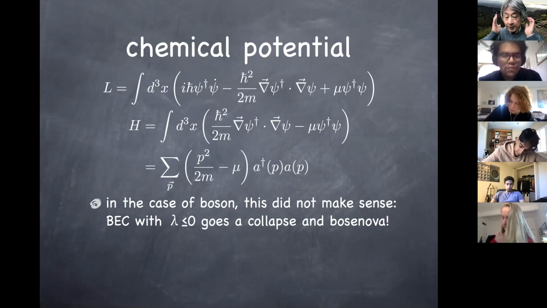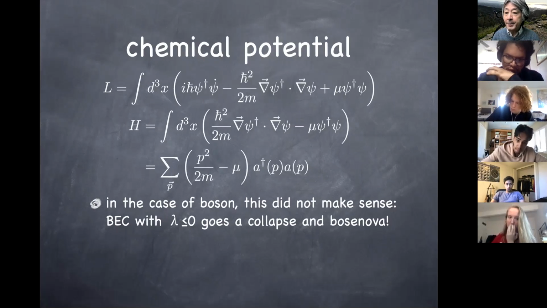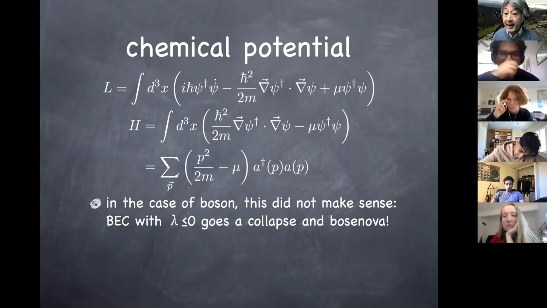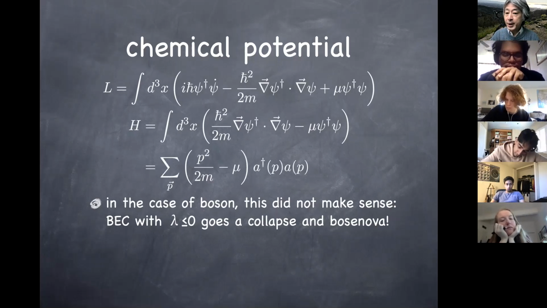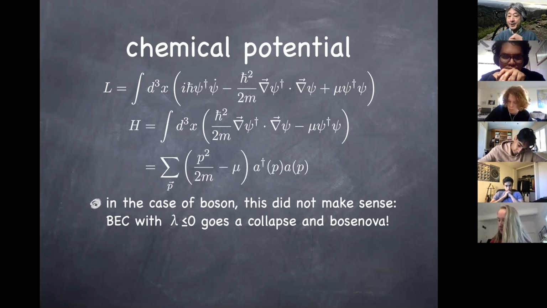Now what we have learned before is that the case with positive chemical potential didn't make sense, because you can arbitrarily lower the energy of the system: the coefficient of a dagger a is negative if the momentum is small enough, so p squared over 2m minus mu is negative. Then you can put more and more particles into the system and keep lowering the energy. So there was an instability, and that's the case where you observed this animation and real data of the boson system collapsing. There was no stable ground state in the system, so it didn't make sense for bosons.